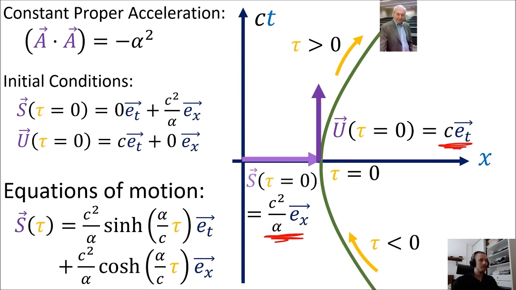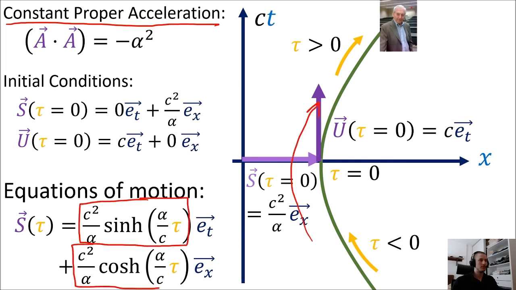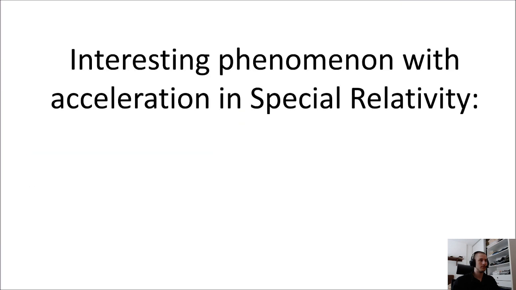This is because we said that the 4-velocity initially had 0 x component. So we've confirmed that a world line of an object undergoing constant proper acceleration is indeed a hyperbola, parameterized by hyperbolic sine and hyperbolic cosine, with the alpha parameter indicating how strong the observer's constant proper acceleration is.